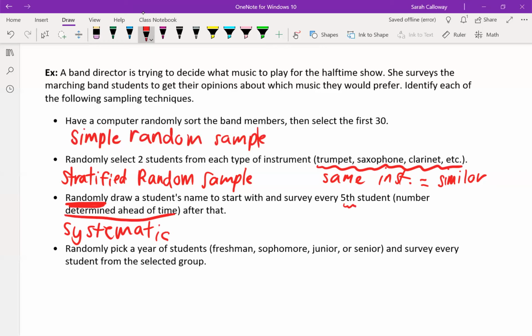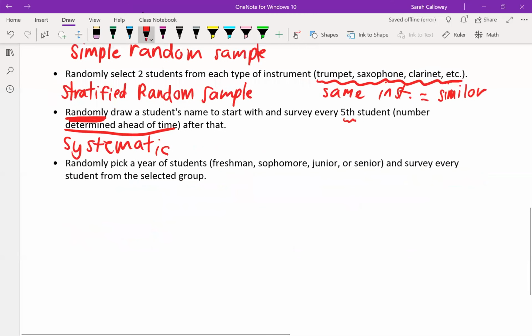So it's important that the sampling method indicates those 2 things in order for it to be systematic. If it just says start with student A and then pick every 3rd member, that would not be systematic because it doesn't indicate that they were randomly chosen at the beginning and that the number was determined ahead of time.